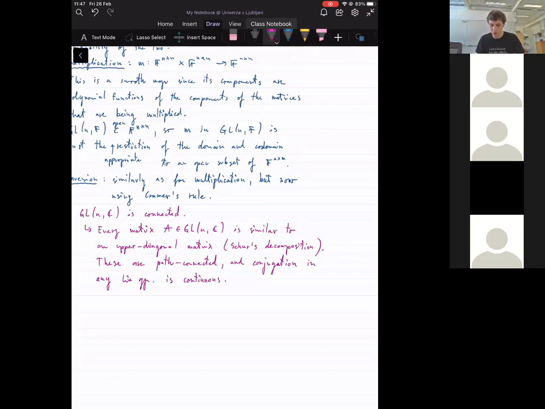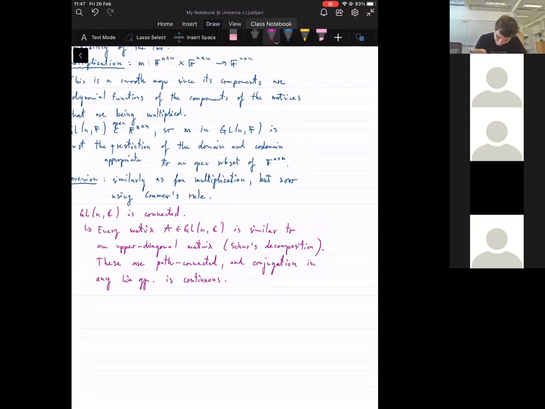So the general linear group is somehow a union, running through all matrices, of the image of the upper triangular matrices via conjugation, something like that.